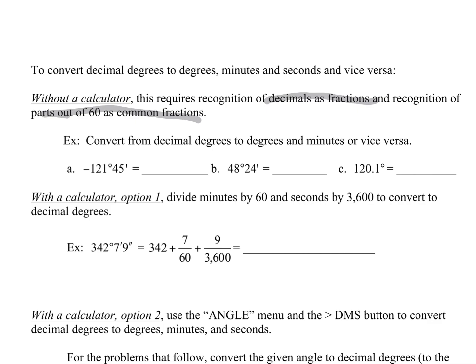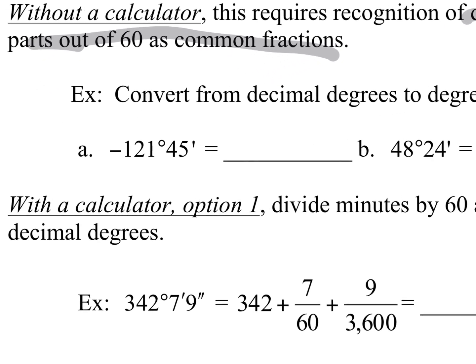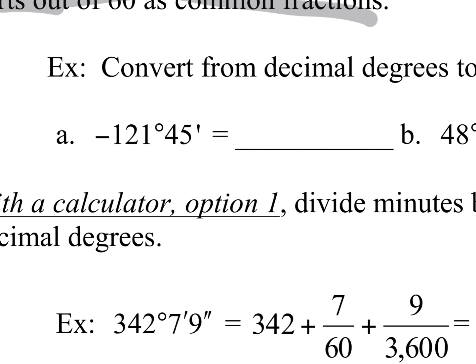So what do I mean by that? Let's look at an example here. We have negative 121 degrees and 45 minutes. The nice thing when we convert is that the degrees are really going to take care of themselves. It's because what we're really converting is that 45 minutes to a decimal.